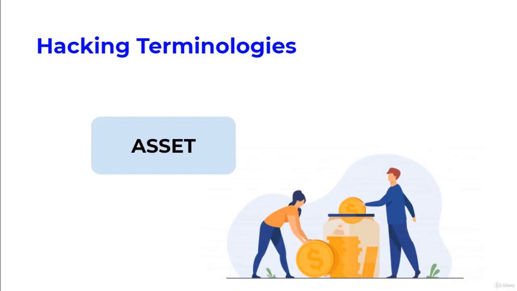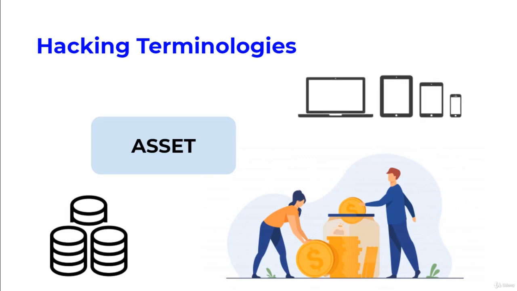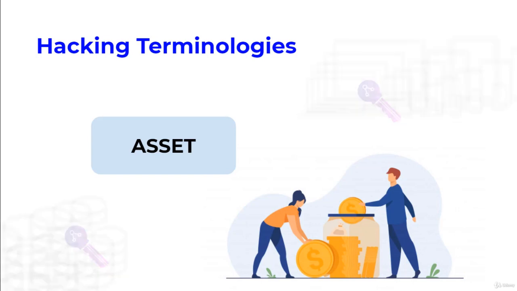What is an asset? An asset is any device, data, or other component of the environment that supports information related activities that should be protected from anyone besides the people that are allowed to view or manipulate the data or information.